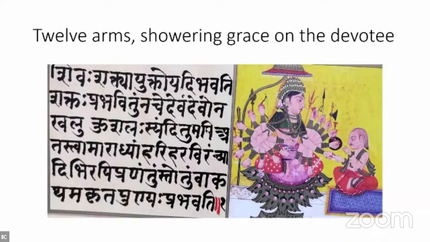The stanza says that Shiva joined with Shakti will be able to function only. Shiva joined with Shakti only will be able to function. He can't even stir if he is not joined by his Shakti, which is this goddess.